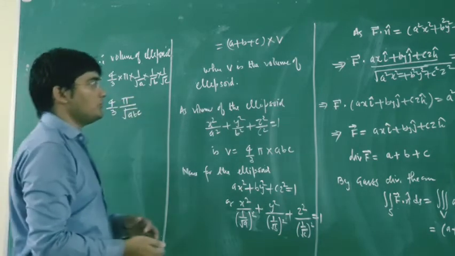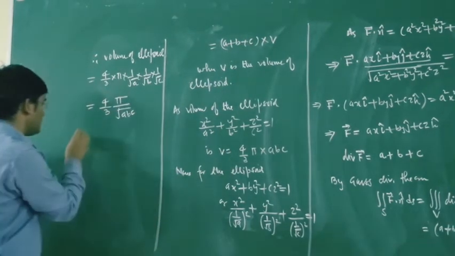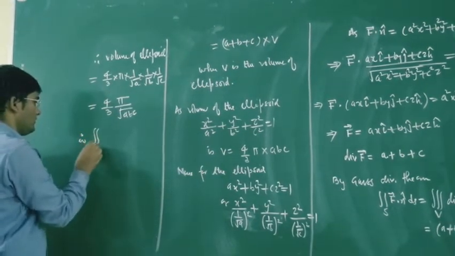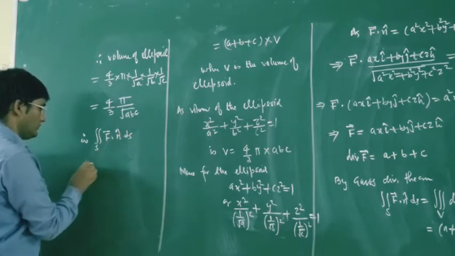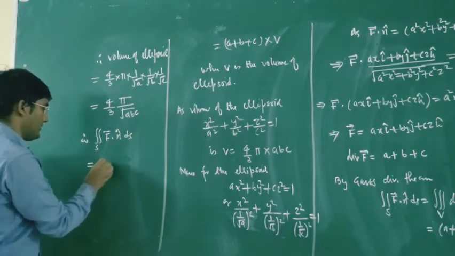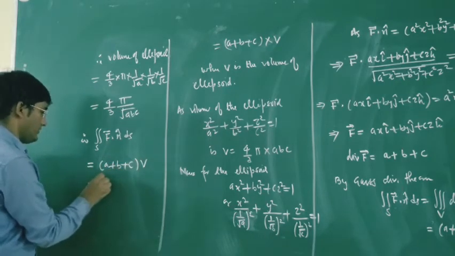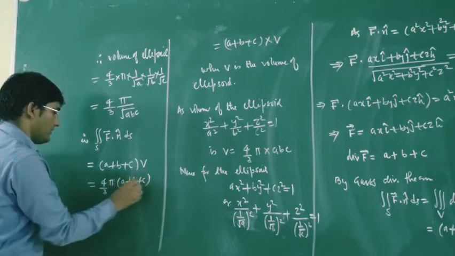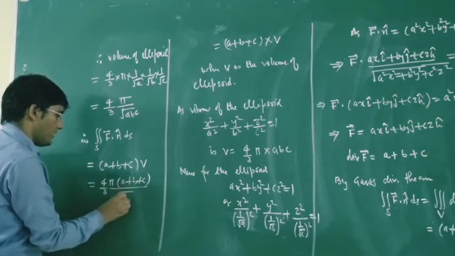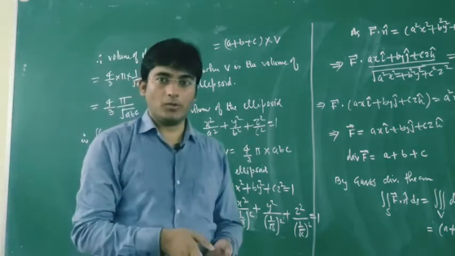So this is the volume of this ellipsoid. So your surface integral is equal to a plus b plus c into V, and it is equal to 4 by 3 pi into a plus b plus c divided by square root of abc. So this is your solution of this problem.